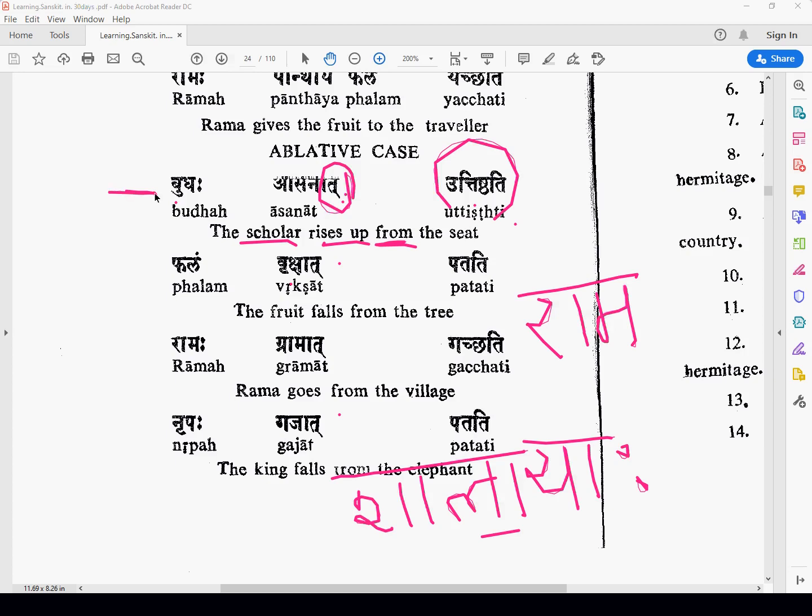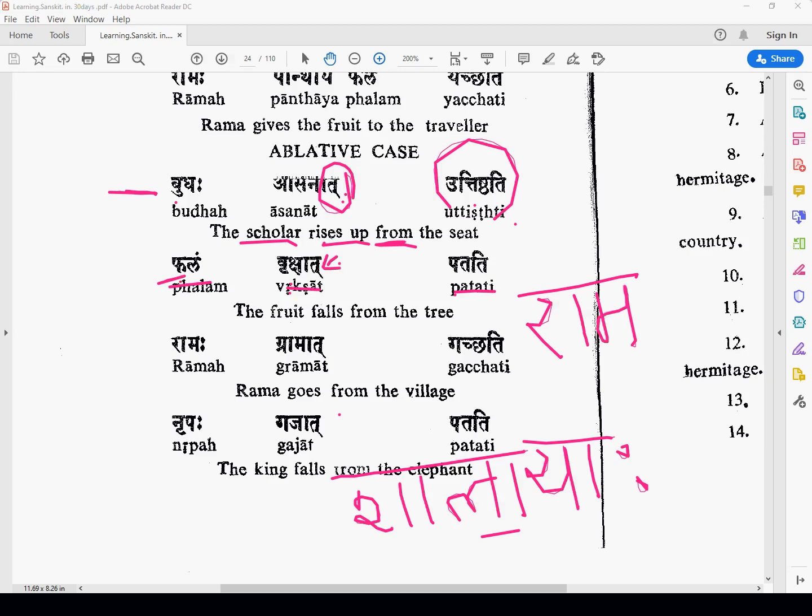For example, the first sentence is Buddha asanat uttisthati, he is rising from the seat. The second one is Phalam rukshat patati. Patati is falling. The fruit falls from where it is falling. Note that wherever this fifth case ending, rukshat, is there, you will usually see a separation of one object from another object.